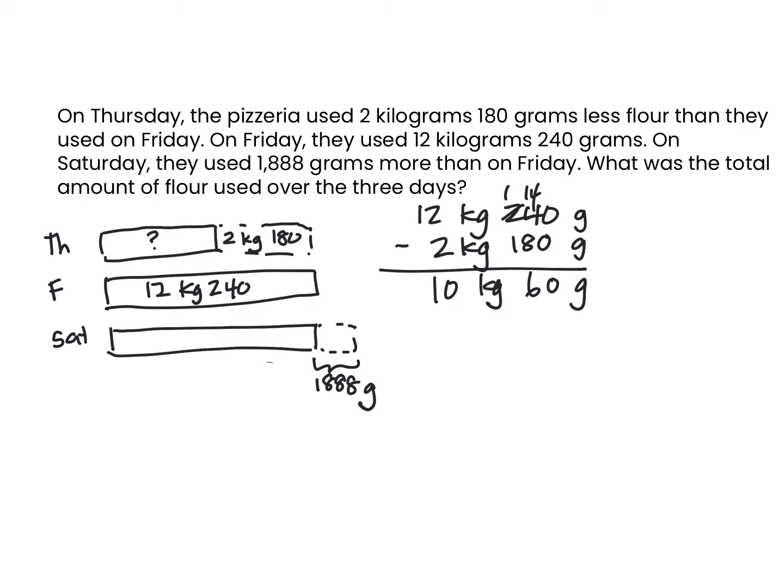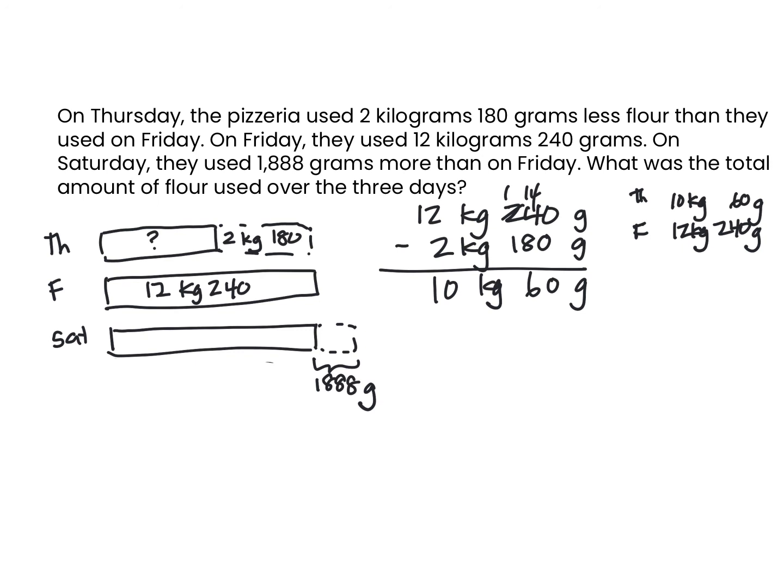We're going to be adding these totals together. So I'm going to put that over to the side. So Thursday they had 10 kilograms, 60 grams. Friday, we had 12 kilograms, 240 grams. So I'm putting them here so that we can add when we get to the end. And then we want to find out on Saturday they used 1,888 grams more than on Friday.